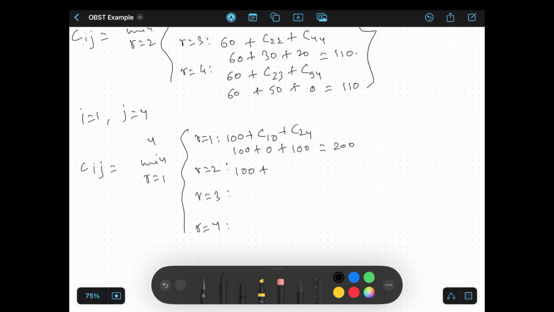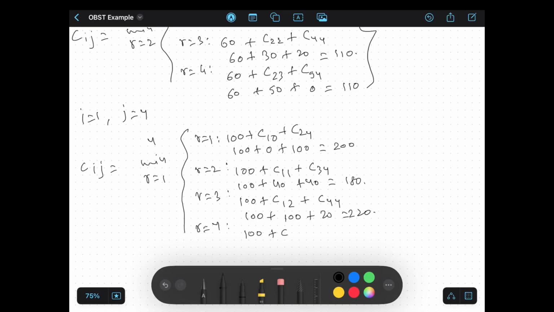Similarly, the summation of probabilities from 1 to 4 is 100, which is going to remain the same, plus C11 plus C34, which is 100 plus 40 plus 40, equal to 180. And this one is 100 plus cost of 1, 2 plus cost of 4, 4, which is 100 plus 100 plus 20, which is 220.